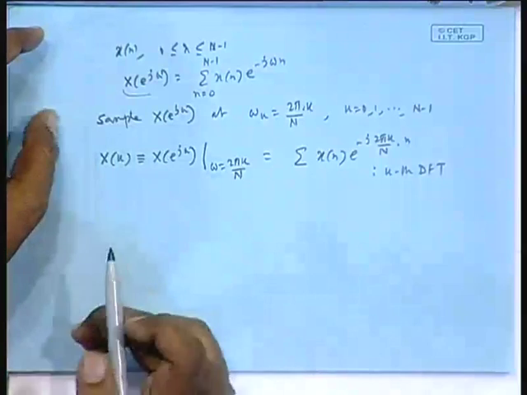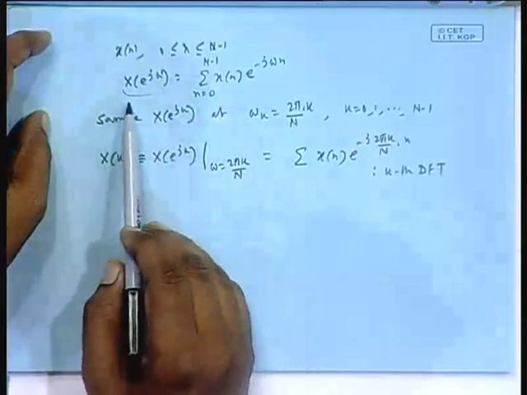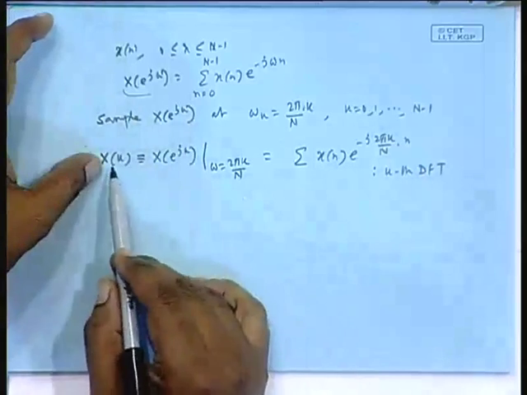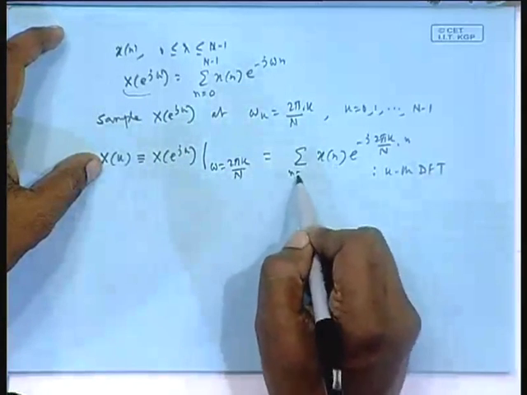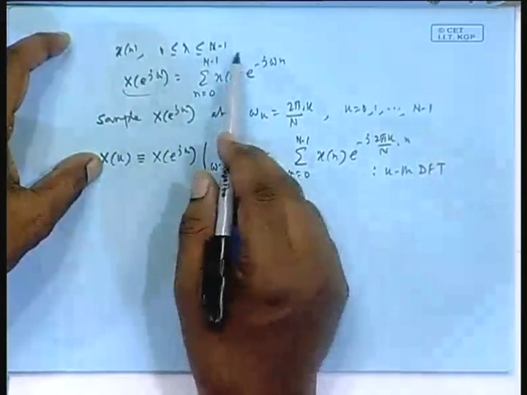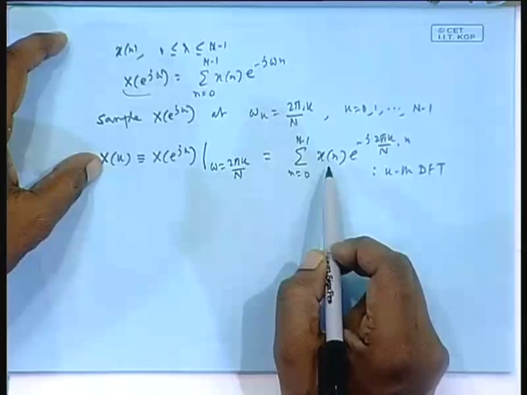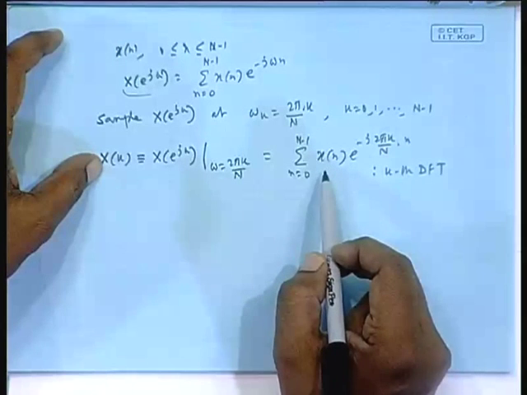Anyway, I come back to my claim. My claim is these N samples are enough to get back x[n], and therefore this. That is very simple. This is X[k] equal to this. Suppose the x[n] duration is capital N. Out of this, suppose I want to find a particular sample, say the m-th sample.